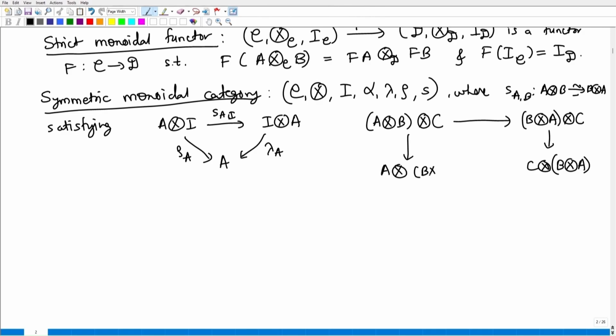You do A tensor B tensor C, from here you apply alpha, then you apply the symmetry, then again you apply associativity. This is B tensor C tensor A.